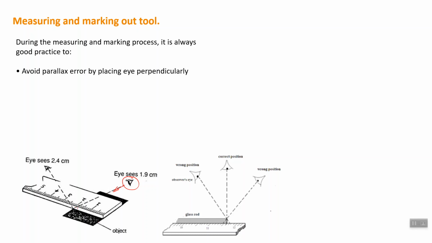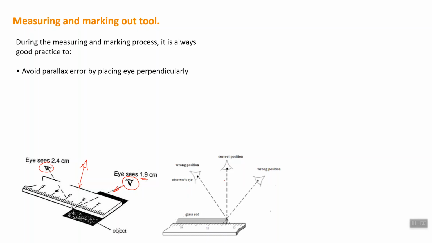This object measured 2 centimeters, but when we read from this direction, we have a wrong reading. We read 1.9 centimeters instead of 2 centimeters. And when we look from this direction here, we have a larger reading. We read 2.4 centimeters. In fact, we should have been reading perpendicularly to the job, like here.